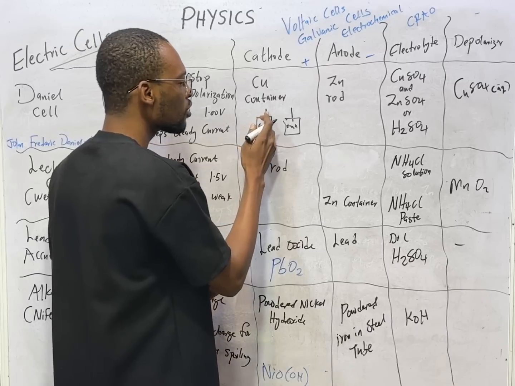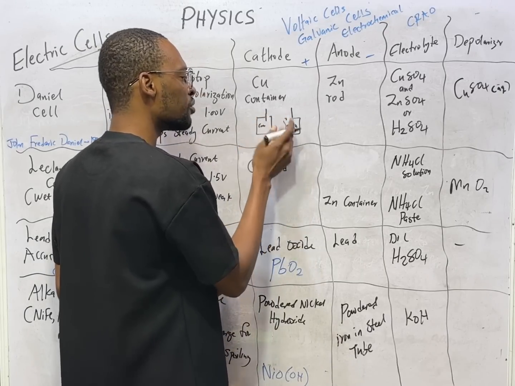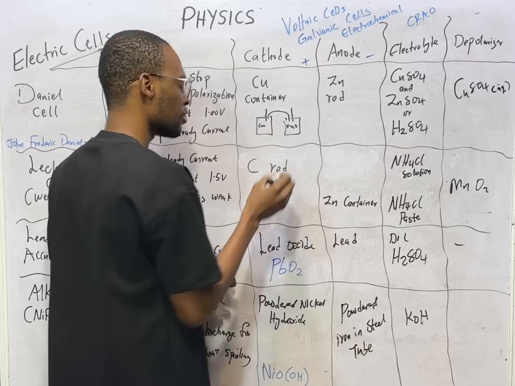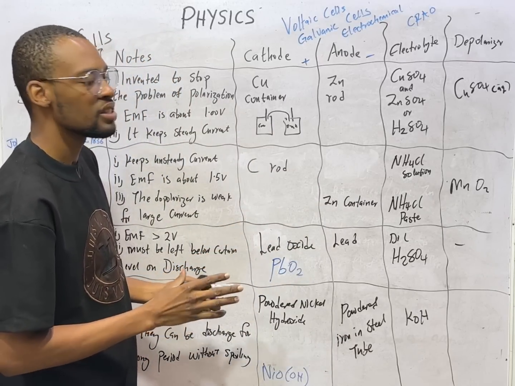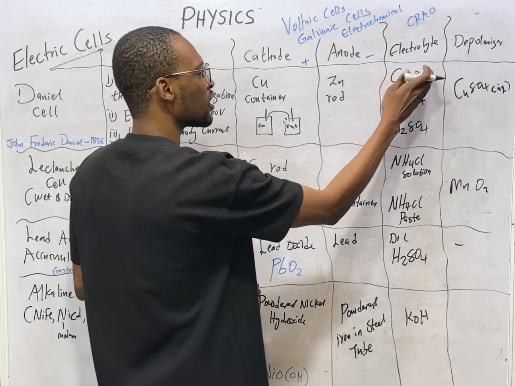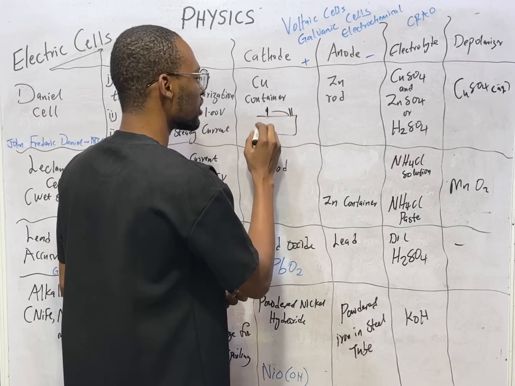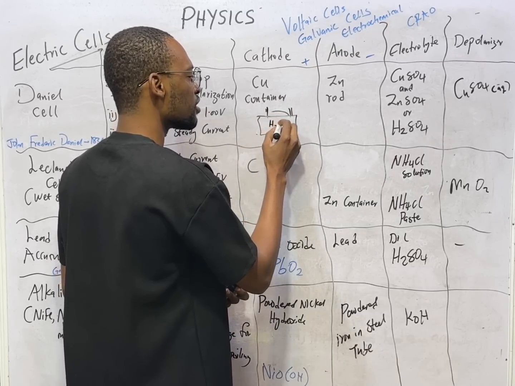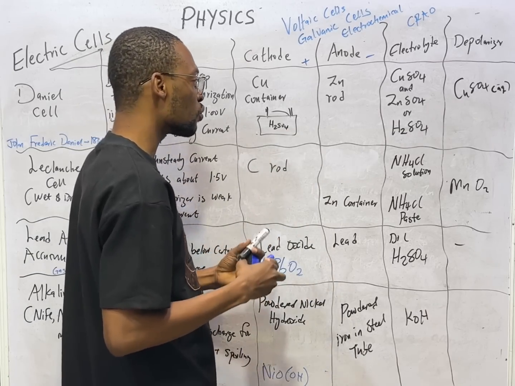Then to ensure neutrality or movement from one to the other, you put a salt bridge here like this. This is valid. Or if you want to put everything in one container, you can say, okay, I don't want to use 2 electrolytes, I want to use one like this. You can just put one container like this and put your electrolyte H2SO4 inside. This is also going to work.